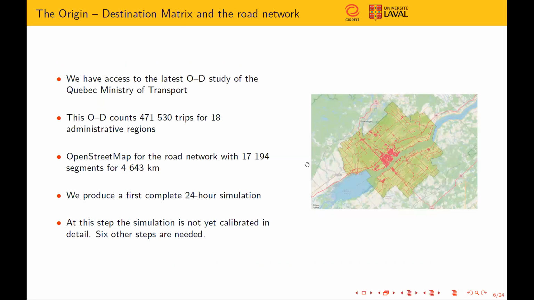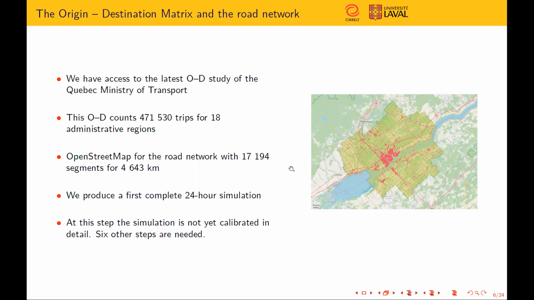And we are very lucky because we have complete access to the latest origin destination study of the Quebec Ministry of Transport. And this OD study, in fact, covers 18 administrative regions. So this is this complete map here, which is covered by this study. But we will need to focus only on this heavy section here.